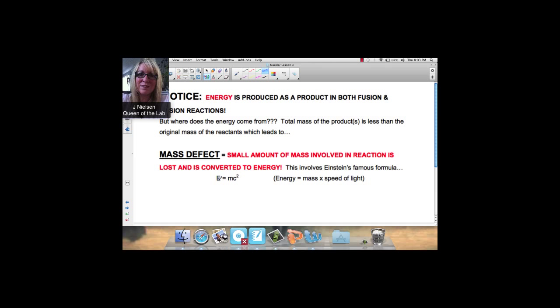Now, as we said, energy is produced both as a product in fusion and fission, although there is more energy associated with fusion. Now, where does the energy come from? You know that we obey the law of conservation of mass and charge, and energy when we undergo these reactions.